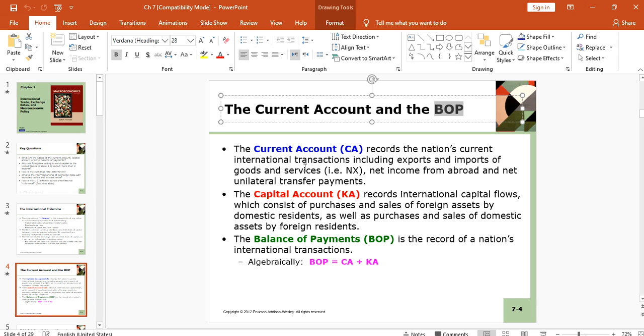The two major accounts of the balance of payments are the current account and the capital account. The current account records the nation's current international transactions, including exports and imports, net export, net income from abroad, and net transfer payments.